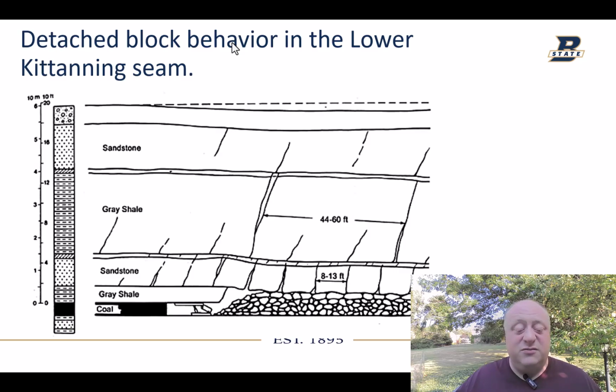You'll even see that even more so in the shields, and according to this, it breaks every 44 to 60 feet. So this is sort of an idea of what that block's going to look like in this scenario, right? So all we're doing is, once again, calculating the weight of this block on top of an individual shield. What's it holding up? And that's in this cave zone.